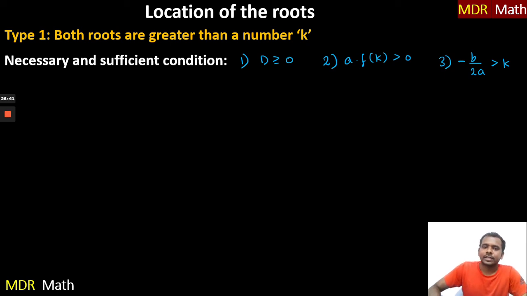So this is case 1, where both the roots are greater than a number k. K will be any real number. Both the roots are greater than a number k.